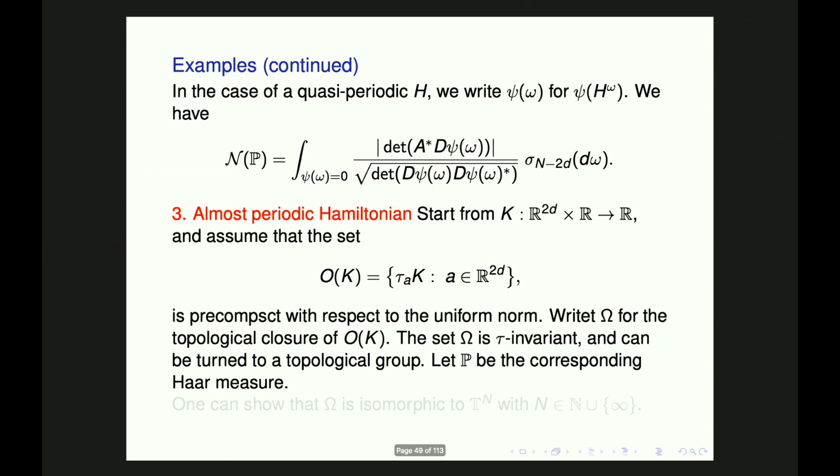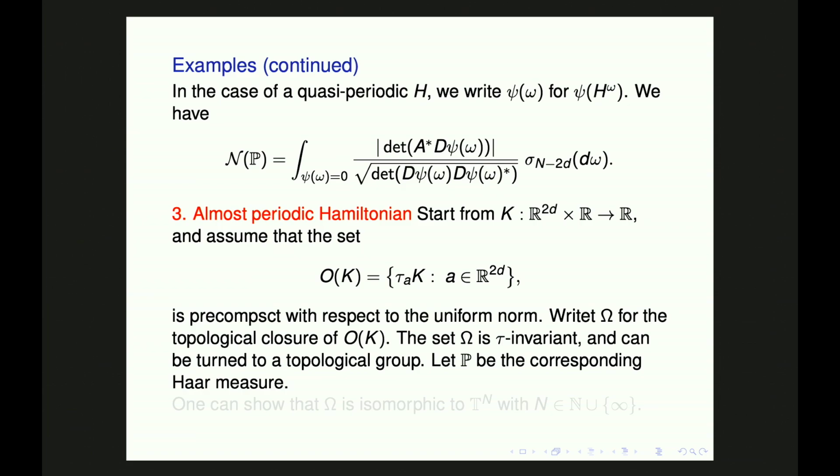And you can also consider the almost periodic setting. You start with some Hamiltonian on Euclidean space. You look at all the translates of that Hamiltonian. And if this set happens to be pre-compact, then we say we have an almost periodic Hamiltonian.